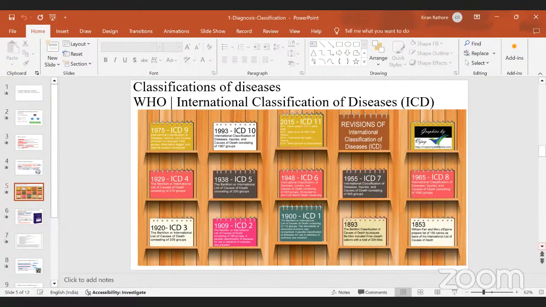This classification system includes all medical conditions, be it physical health illnesses or mental disorders. There is one chapter dedicated to mental disorders under ICD, which includes all physical, medical, and biological illnesses, with one chapter dedicated to mental health issues.